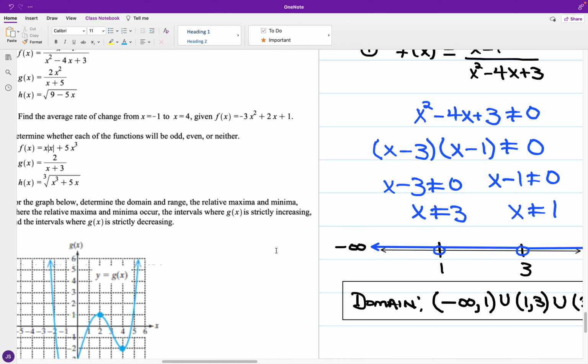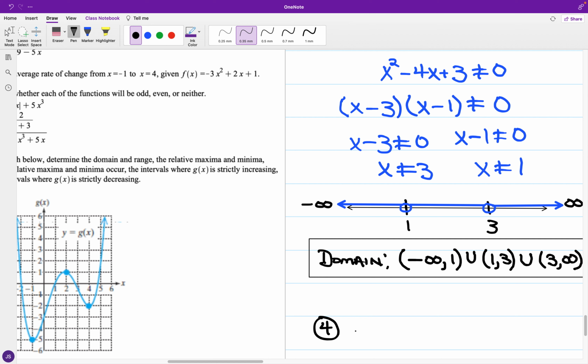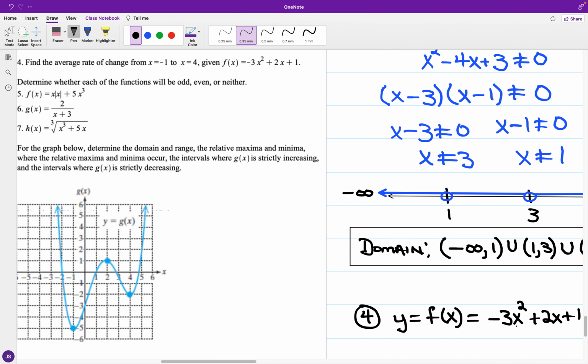So for number 4, we have y is equal to f of x is equal to negative 3x squared plus 2x plus 1, and we're going from x equals negative 1 to x is equal to 4.